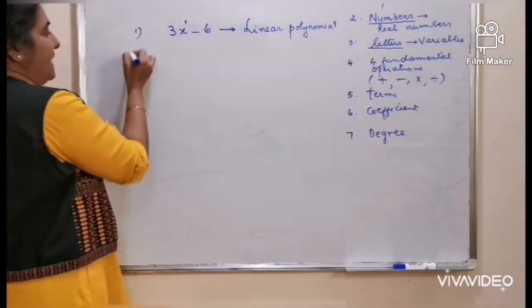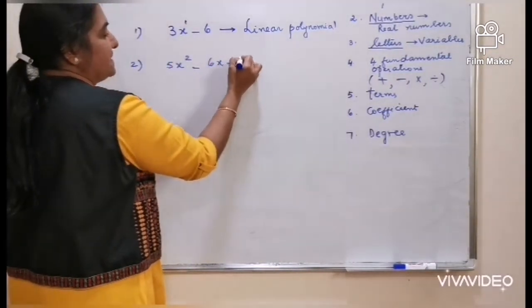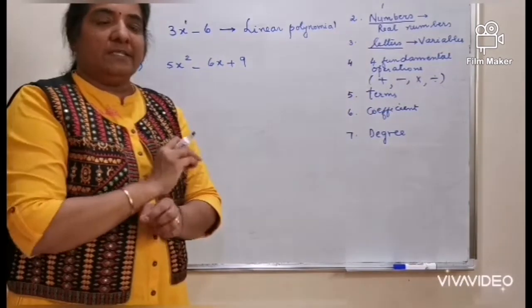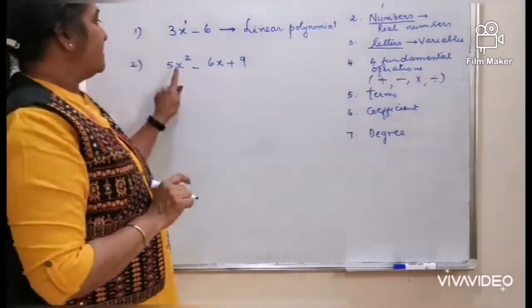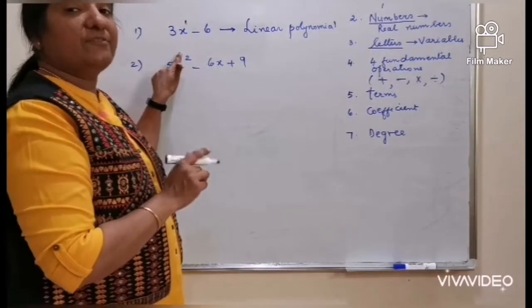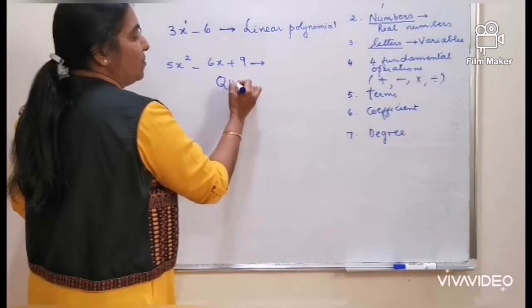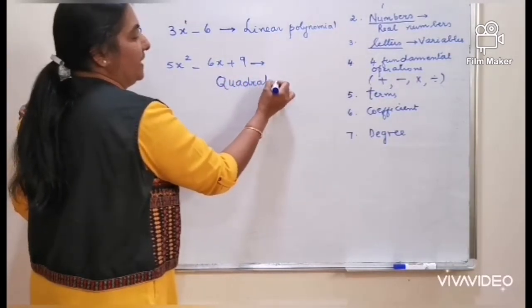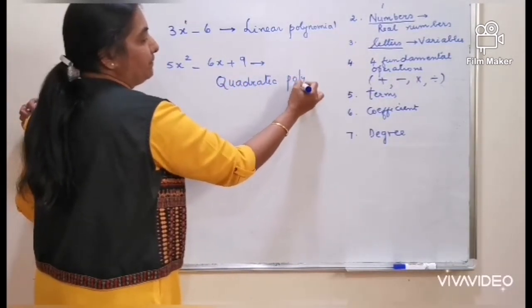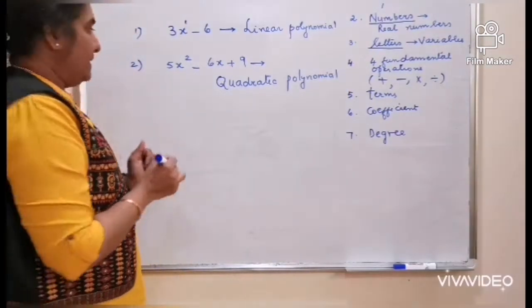Second example, 5x square minus 6x plus 9. In this polynomial, the highest power of x is 2, and so the degree of this polynomial is 2. It is named as a quadratic polynomial.